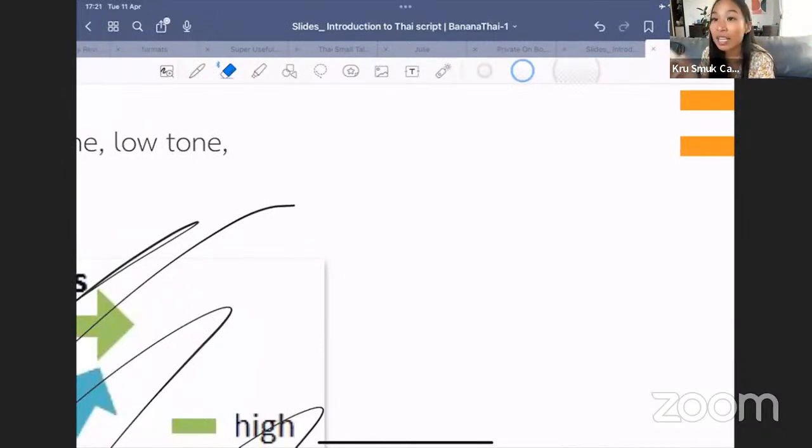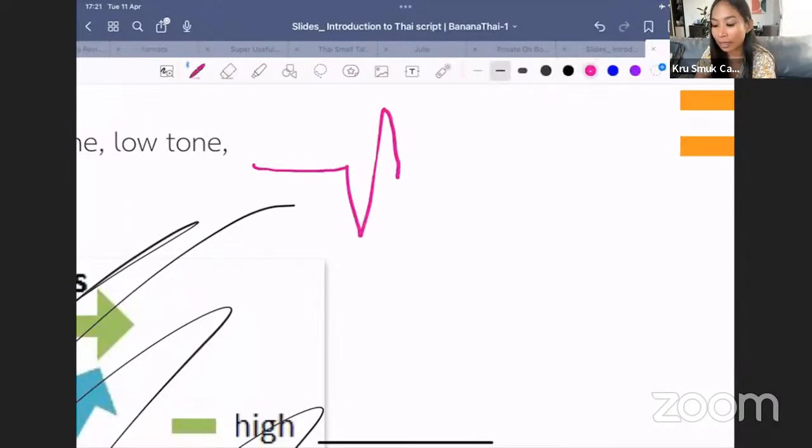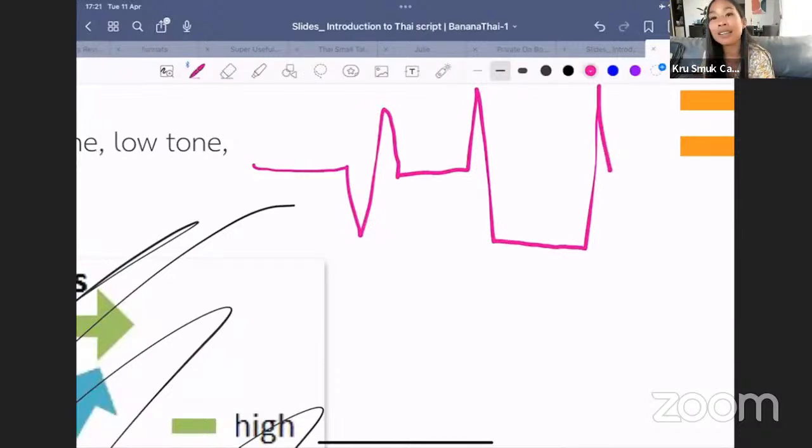Tone is a movement of a sound that can go like this. This is tone. But in Thai, we only have 5 movements.